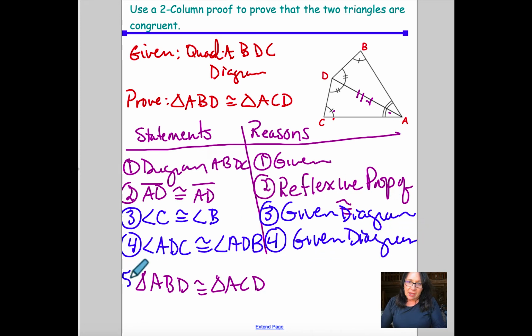So for our 5th step, now that I know that this angle is congruent to this angle here, and I have this side, which is in both of the triangles, congruent to itself, these two triangles, I've chosen to say that they're congruent by angle, angle, and side.